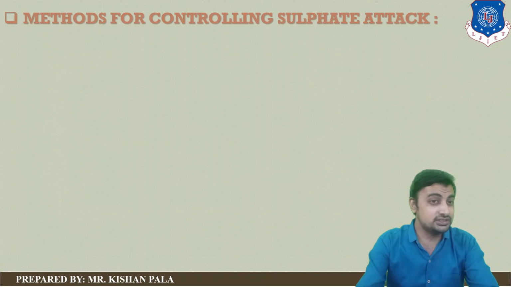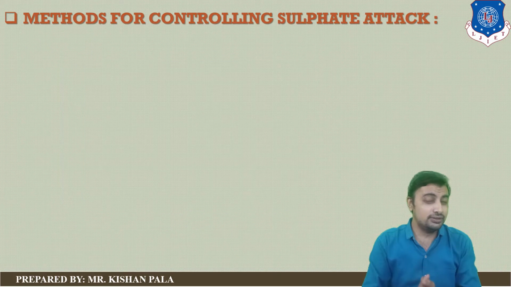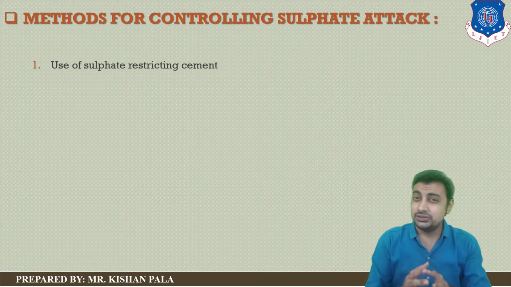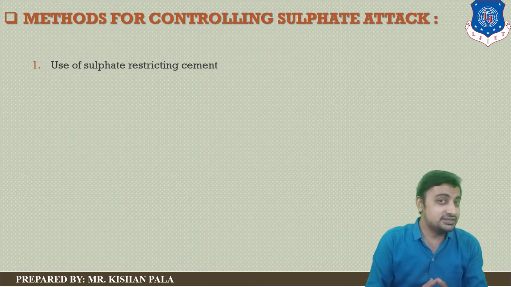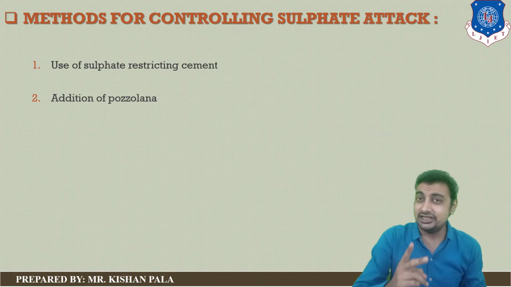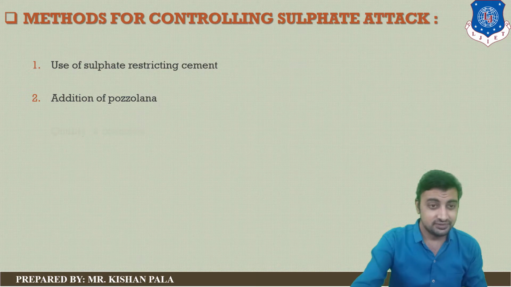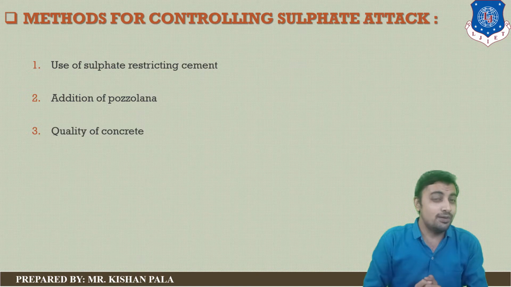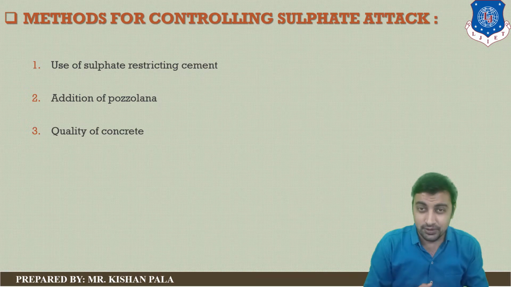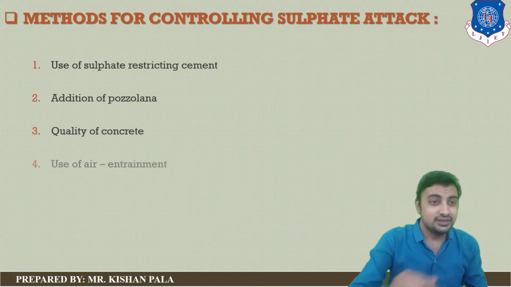Now let us discuss methods for controlling sulfate attack. First one is use of sulfate resisting cement. Second one is addition of pozzolana. Third one is quality of concrete, it should be good in quality.